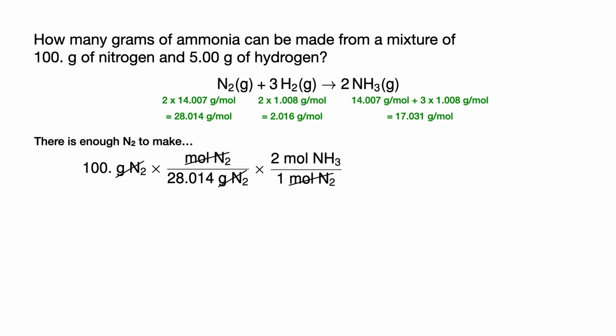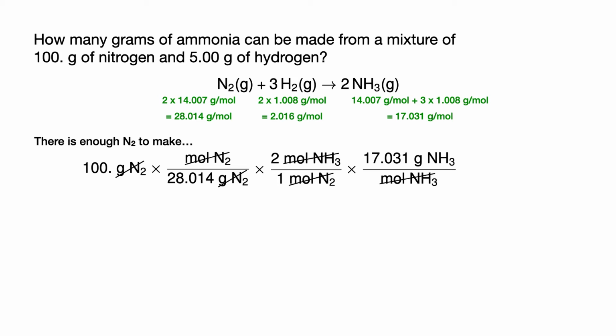And then finally, to figure out the number of grams of ammonia, we'll multiply by the molar mass of ammonia, 17.031 grams of ammonia per mole of ammonia. Moles of ammonia will cancel, and this will give us grams of ammonia.